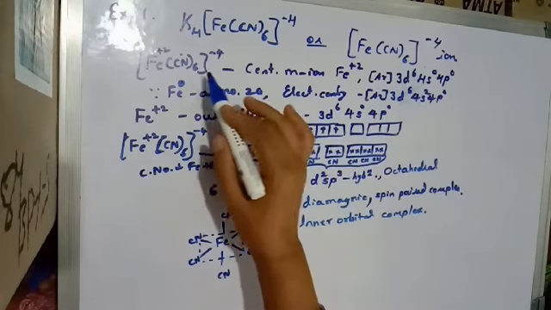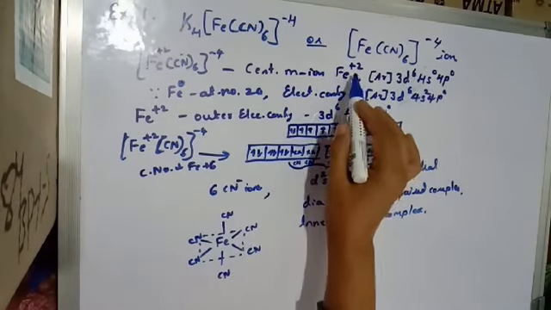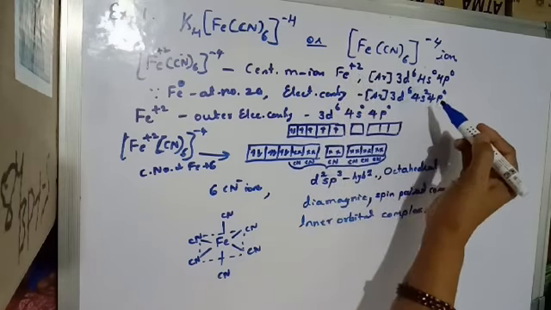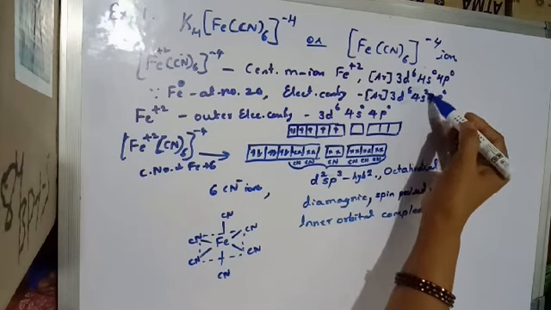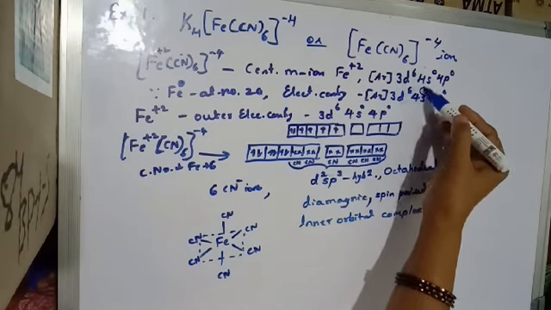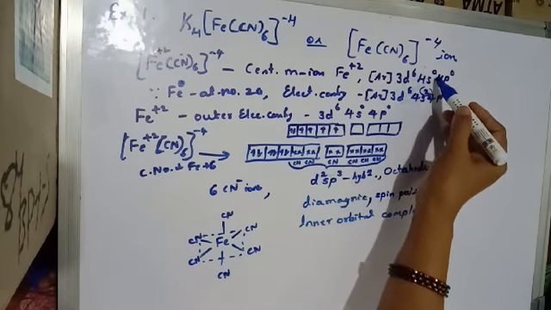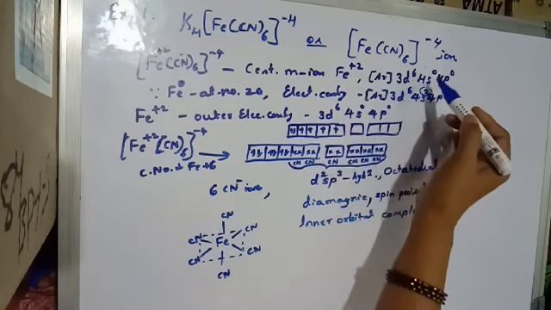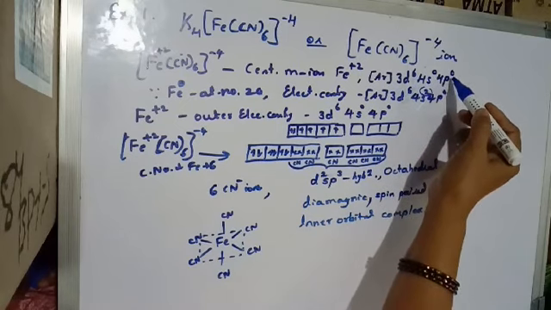When iron loses 2 electrons, the electronic configuration of Fe2+ is 3d6 4s0 4p0.